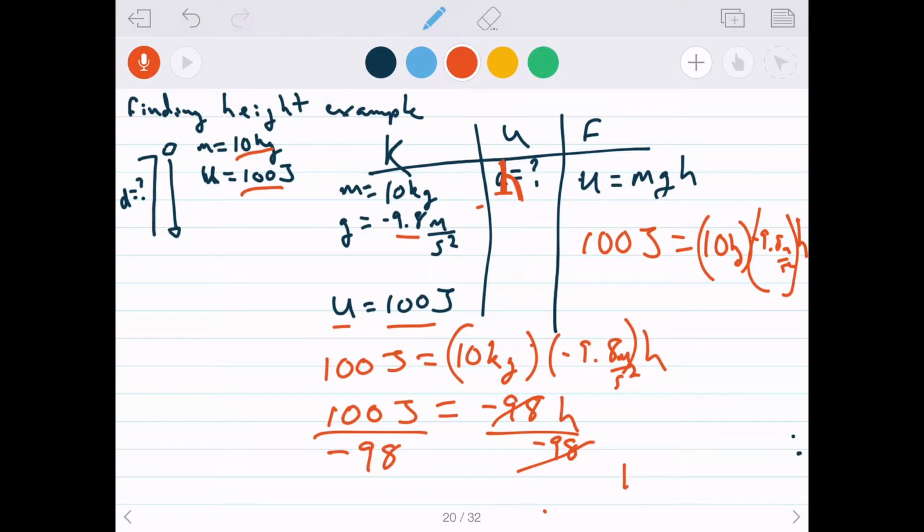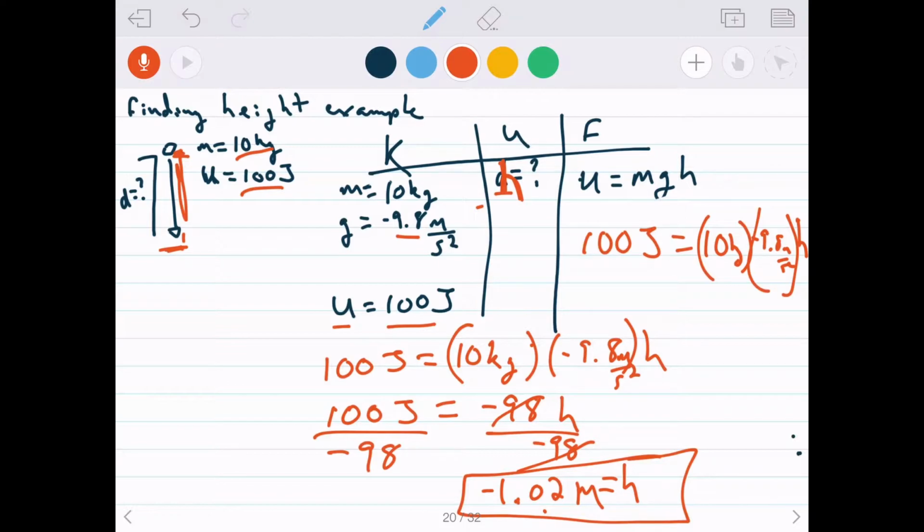So my height equals negative 1.02 meters. And does that make sense? It's negative because we're starting from up here and it's falling in a negative direction. Okay? Negative 1.02 meters is the height. Now the actual height, if we were to measure it from the ground, would be a positive 1.02. Okay?